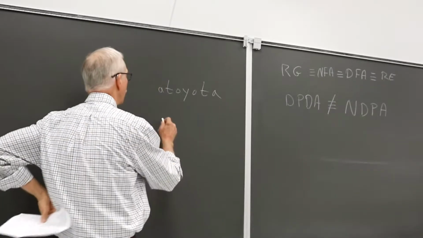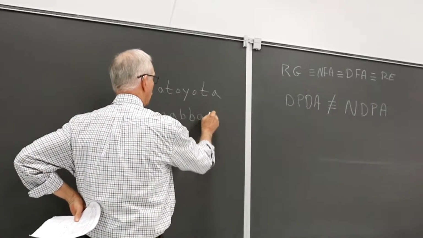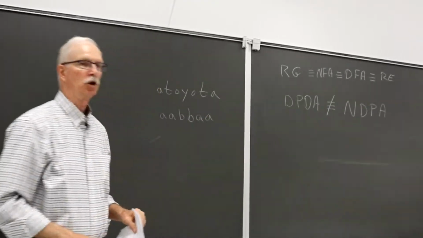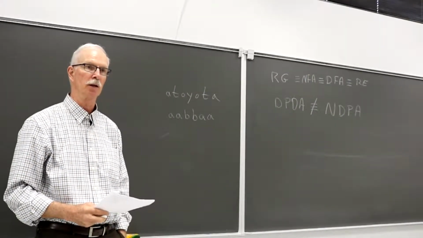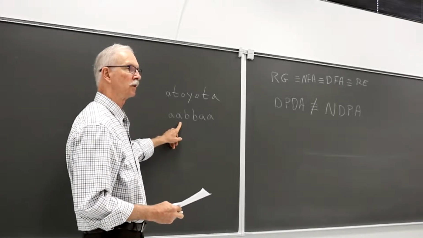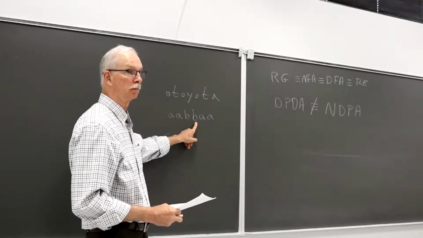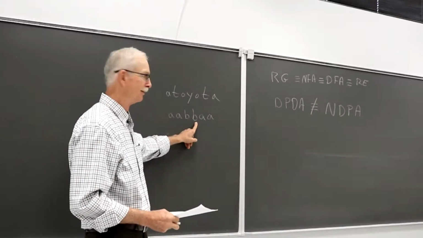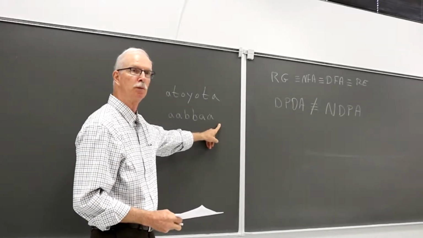If I have A, B, B, A, a deterministic push-down automata cannot recognize that palindrome. See an A, push an A, see an A, push an A, see a B, push a B, see a B, push a B, or not. See an A, push an A, see an A, push an A, see an empty, oops.